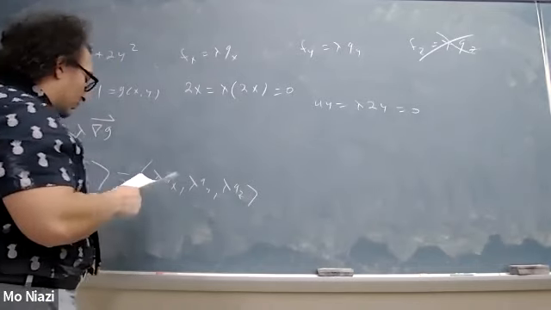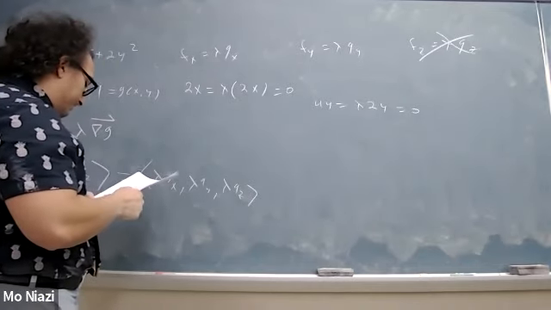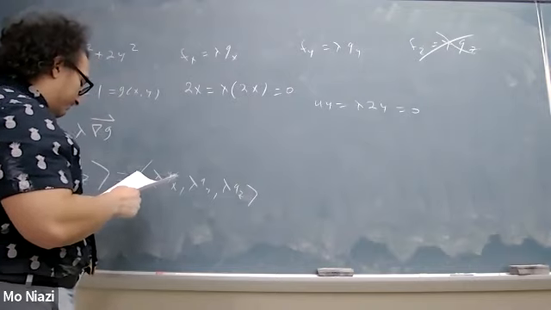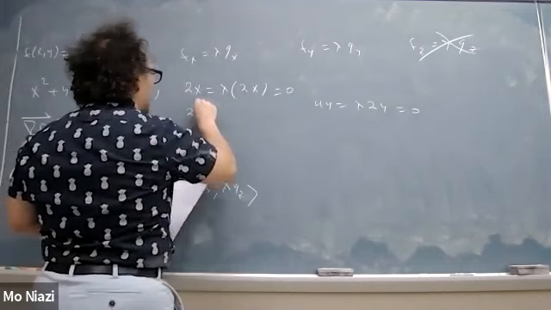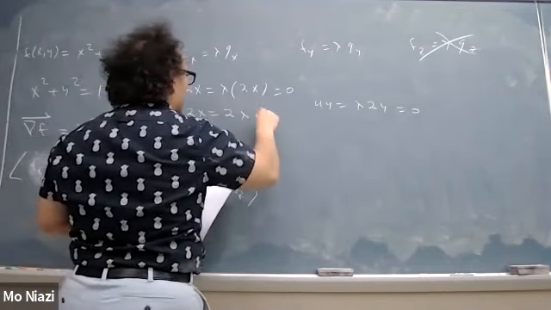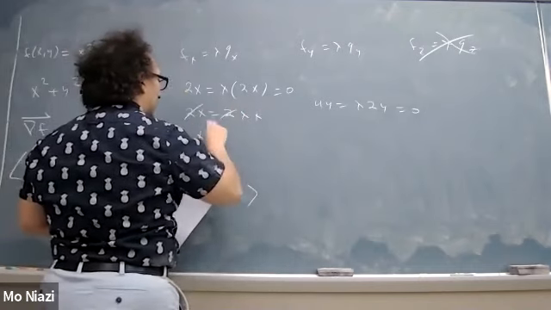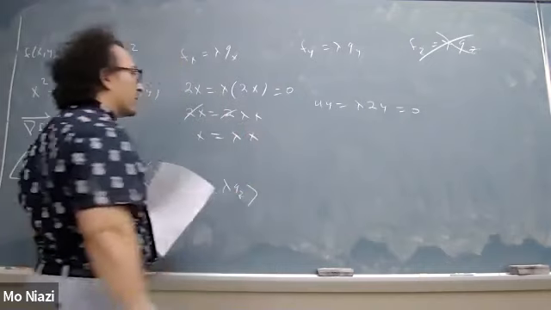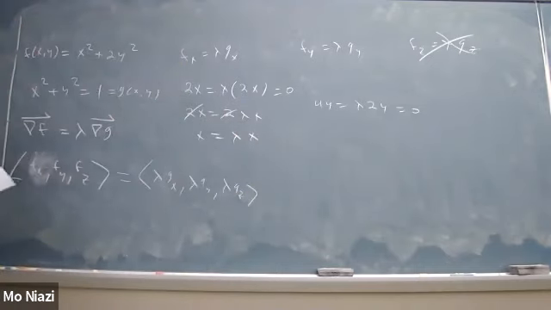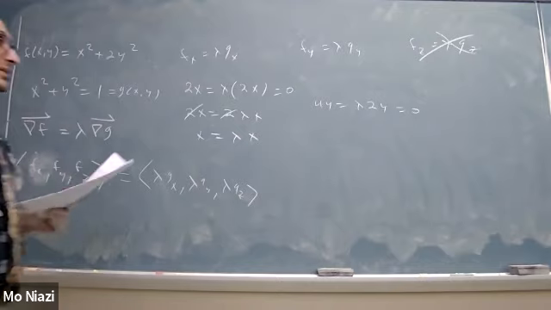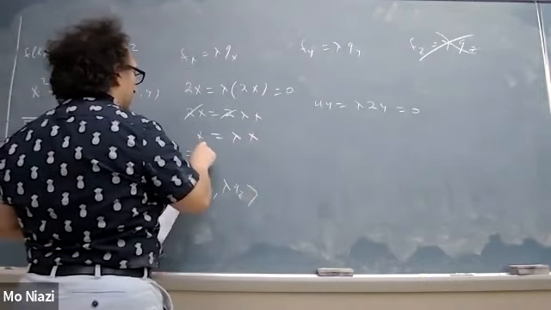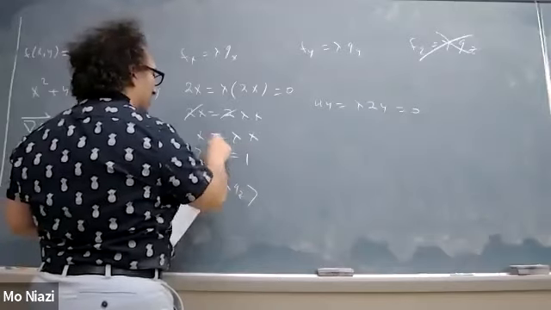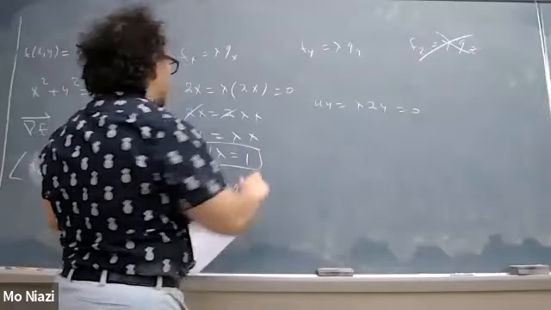Okay. So we notice that 2x is equal to 2 lambda x. I can cancel out some 2's, and I get x is equal to lambda x. So this does truly imply lambda is equal to 1, which we had attained in a different way last time.